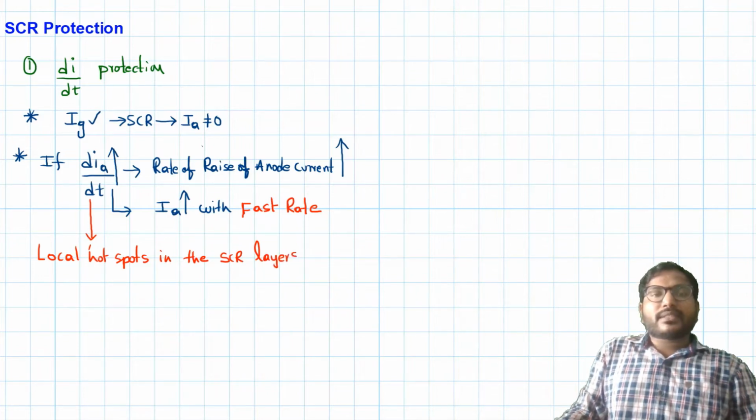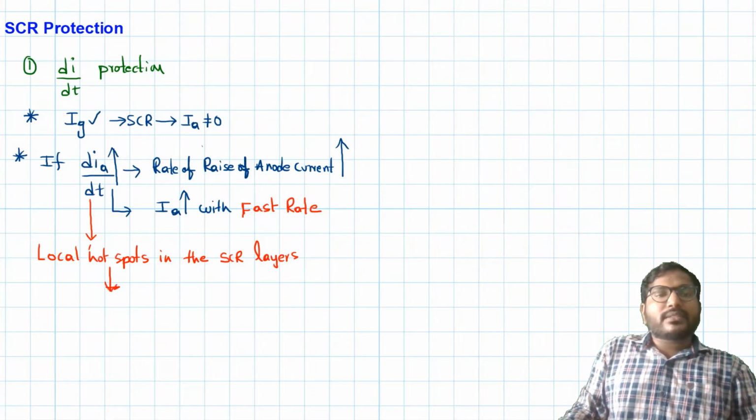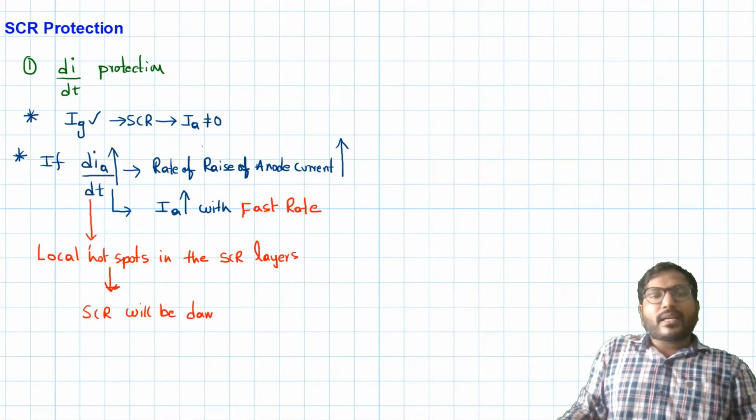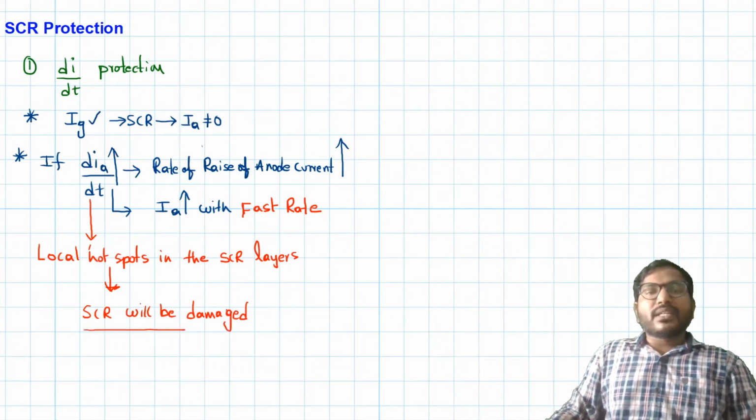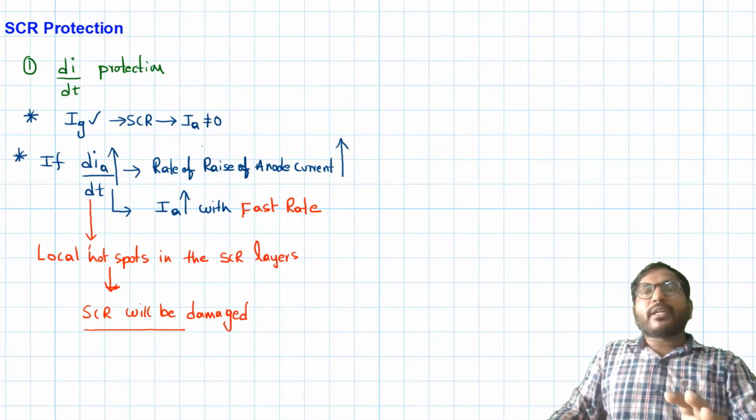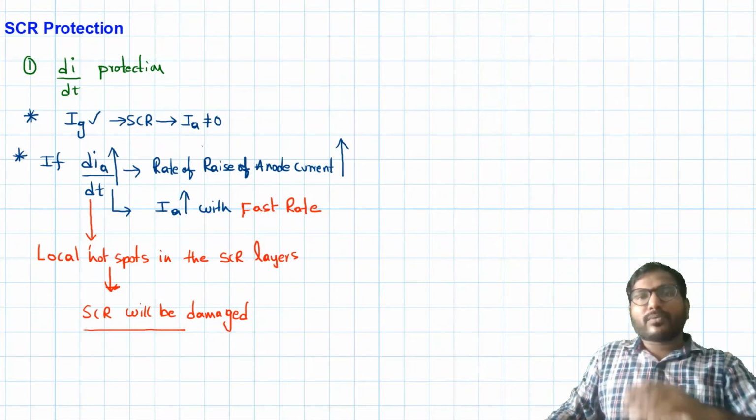As a result of this, SCR will be damaged. So this is the problem if dI/dt, or rate of rise of current, is more.